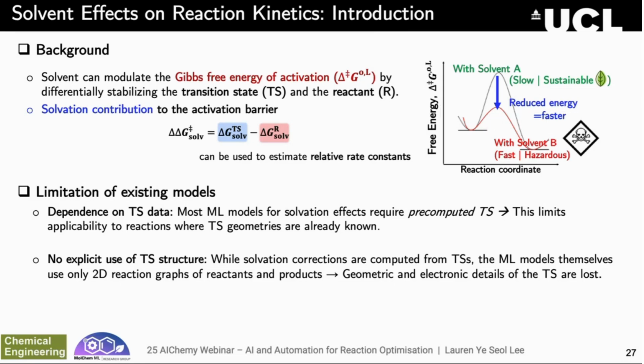This means they are only applicable to reactions where transition state geometry already exists. Otherwise, you need to calculate the transition state yourself, and it can take quite a bit of time. And second, when predicting solvation effects, many models still operate on 2D representations of the reactant and product only, and rely on the model to implicitly infer transition states.